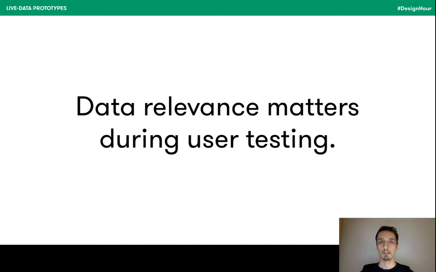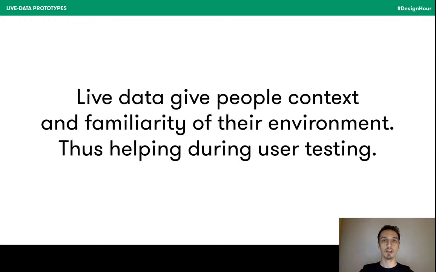This doesn't really mean that it's always desirable to have the most relevant user data when you are testing something, but sometimes it is really, really useful to have the relevance, because live data gives people context and familiarity of their environment, and so it helps you during user testing by enabling you to uncover insights that you wouldn't have with fake data. And that's the key difference, I think, here. It's actually the biggest benefit of using live data.